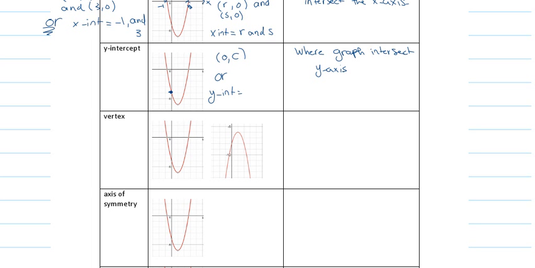In this case, the y-intercept looks like it's at -4. So I would write it as 0, -4, or I can write it as y-intercept equals -4. You guys get to pick whichever method you prefer. Are we okay with that so far?